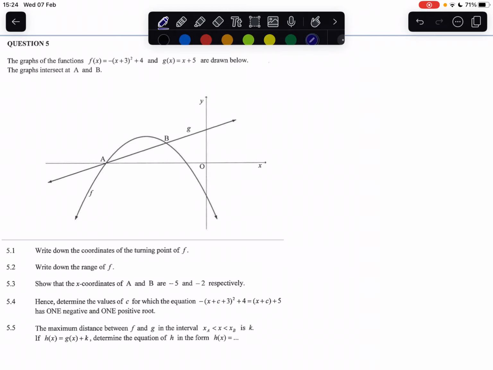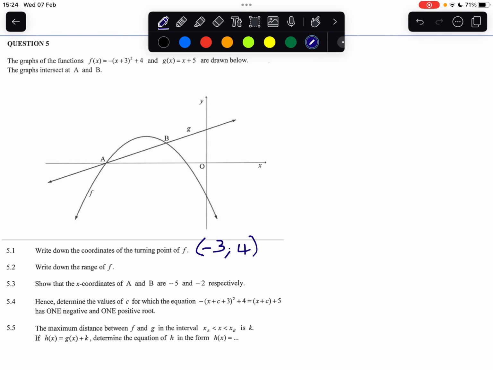Okay, so they've very graciously given us the equation of the parabola in turning point form. So that tells us that the turning point is going to be (-3; 4). Write down the range of f, so the set of y values that this function produces.